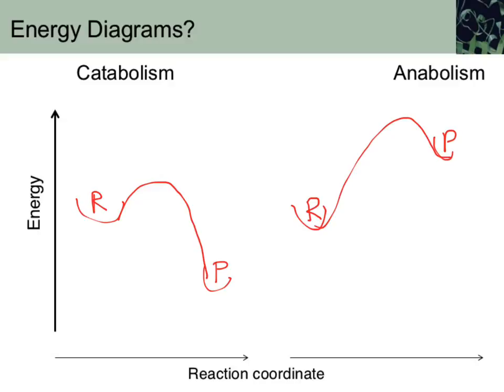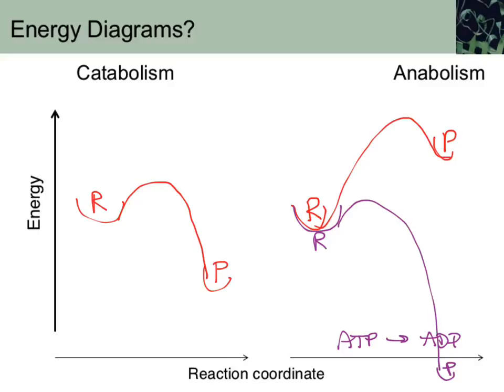To get the anabolic process to work, we'll end up having to add another reaction to this. We'll have to add ATP going to ADP, because that reaction is exothermic. So if we add that reaction in there, let's say the reactant's the same energy, our product energy is somewhere down here.